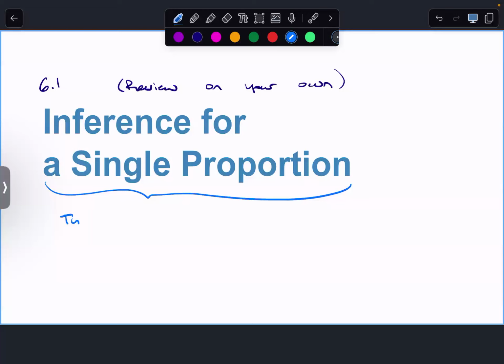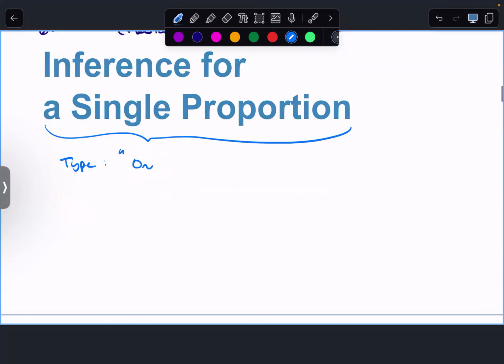is the one sample proportion type of question, right? We're going to classify all the questions as a type of question, especially when we're talking about confidence intervals and hypothesis testing. It's going to be really important. And so what we've talked about so far, I'm going to call one sample proportion.